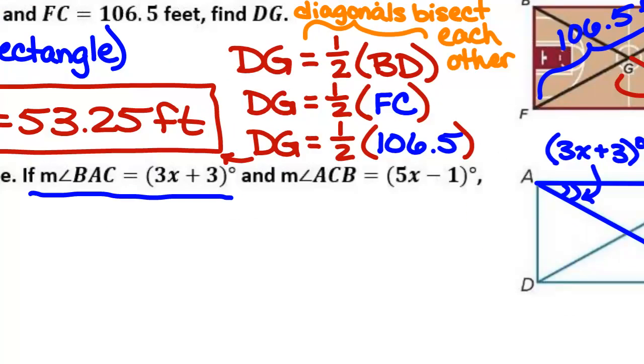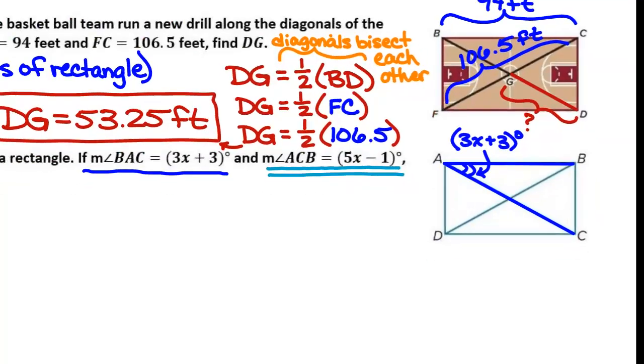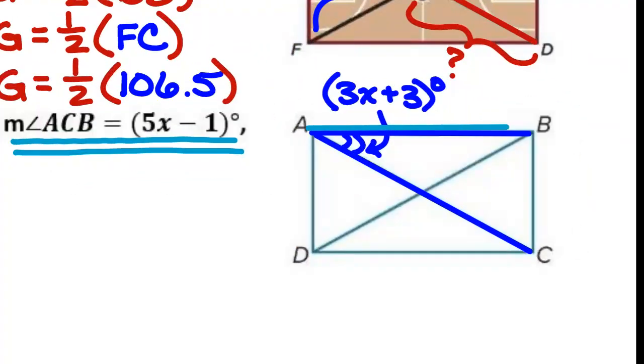And then it goes on to say that the measurement of angle ACB is 5x minus 1 degrees. So from A down to C, and then up to B.